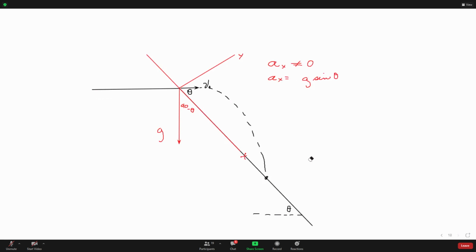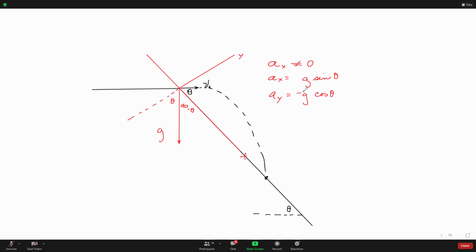So a sub x is g sine theta. Now, what about a sub y? Well, you might guess a sub y has got to be g cosine theta, but it's minus g cosine theta. So the component in the y direction here, if that's theta, that's 90 minus theta. This is theta. It's g cosine theta, but it's along the minus y-axis, so I have a minus sign there.